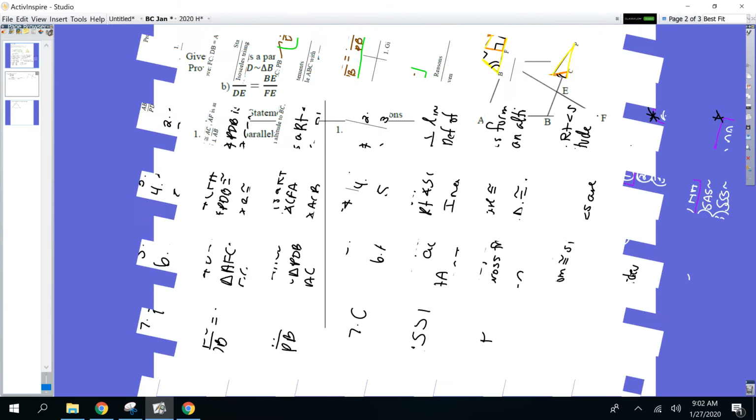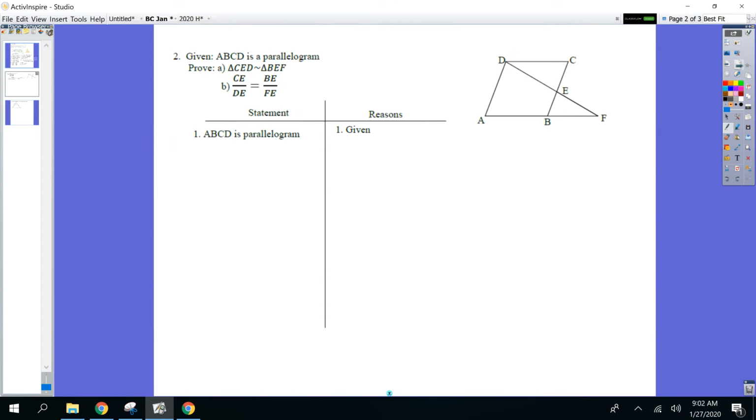You guys are going to do a little more work on this next one for me. I tell you which 2 triangles to start with in part A. So right now I'm just going to walk around. I want to see you guys find the 2 angles in angle, angle for me. You know it's a parallelogram. I want to make sure you guys can find the 2 angles needed before I say anything.